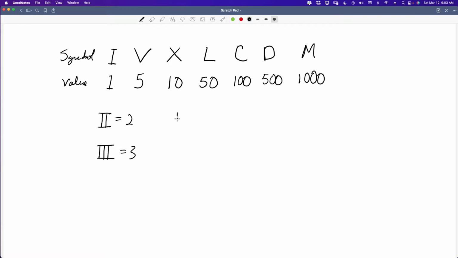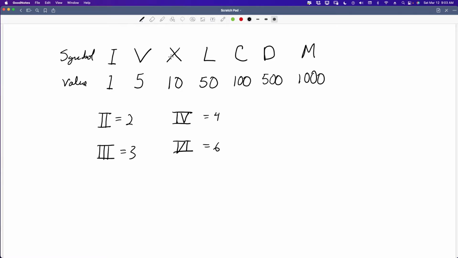So IV, with a smaller number to the left of a bigger number, meant 4. If you have the smaller number to the right, it means to add it. So this was subtraction because the smaller was first, and then the larger, so you subtracted 1 from 5. Here it means to add 1 to 5, so that would be 6.